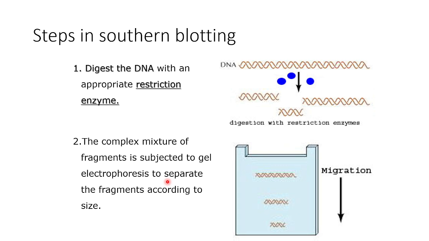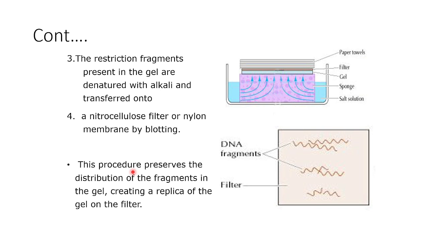So the steps in southern blotting: you digest the DNA with an appropriate restriction enzyme. The complex mixture of fragments is then subjected to gel electrophoresis to separate the fragments according to size. The restriction fragments present in the gel are denatured with alkali and transferred onto a nitrocellulose filter or nylon membrane by blotting.